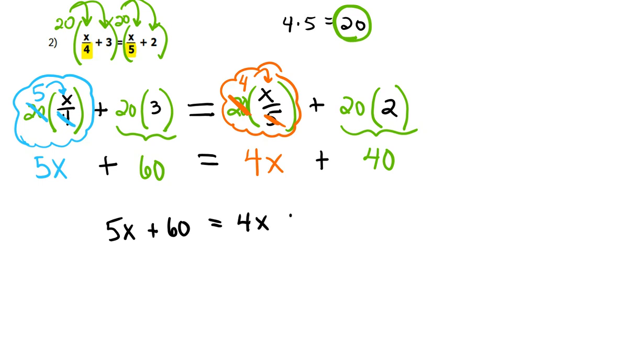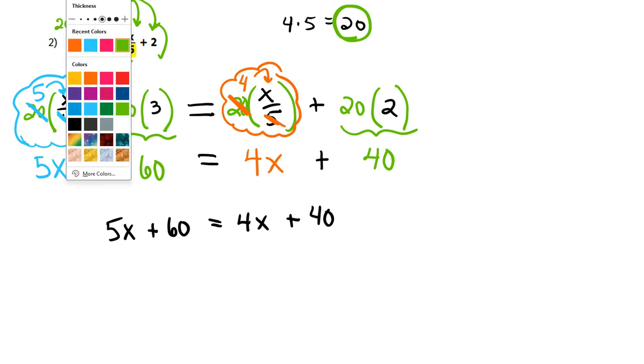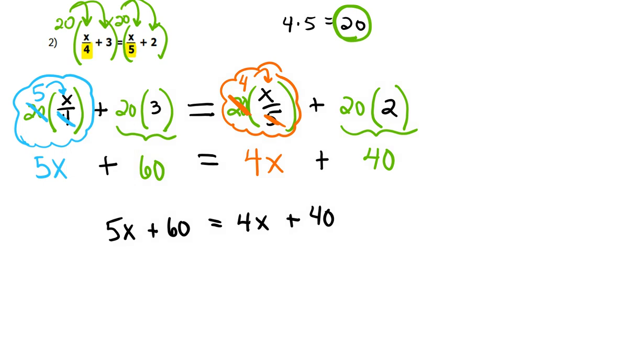Of course, the next move will be to get all your x's on one side and all your non-x's on the other. I like to go after my smaller x so that the remaining x is always positive. So I will subtract 4x. That'll cancel it off the right side.